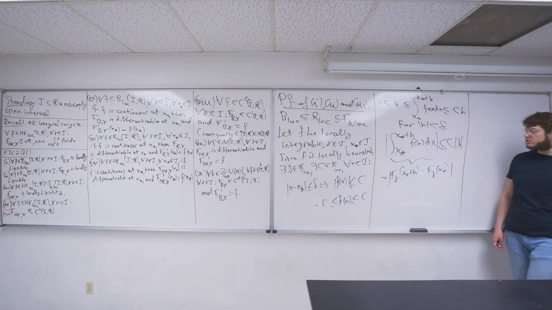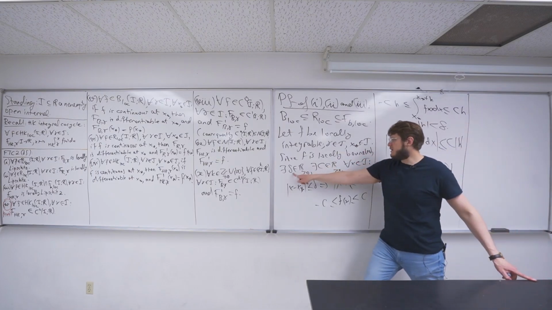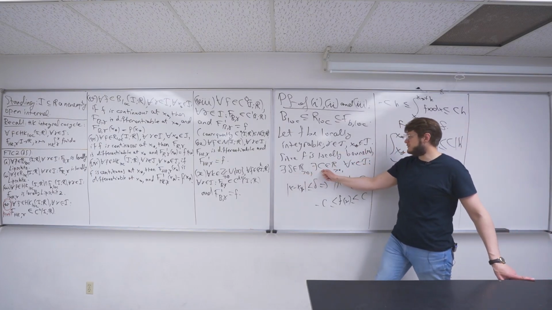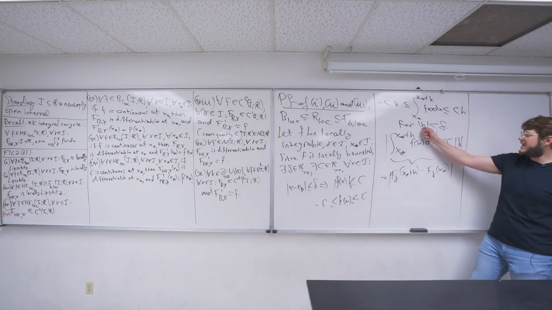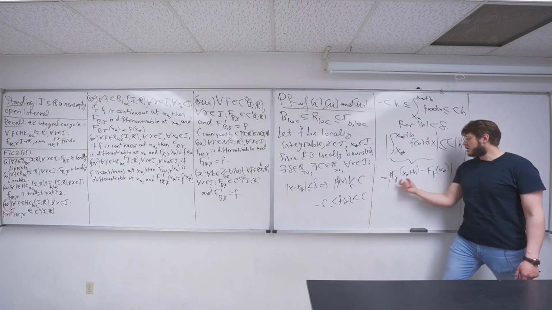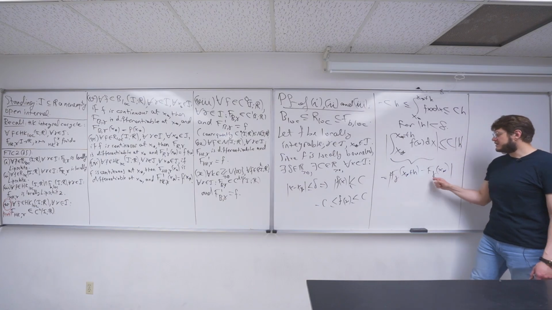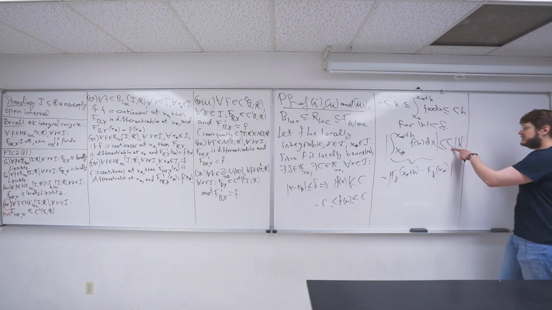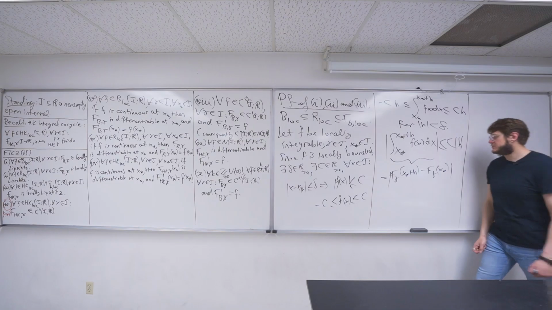So I was able to show for any x star, there is a delta and there is a constant such that if h is bounded by delta, then the distance between the images of x star plus h and x star under capital F is upper bounded by c times the distance between these two, which is just h.